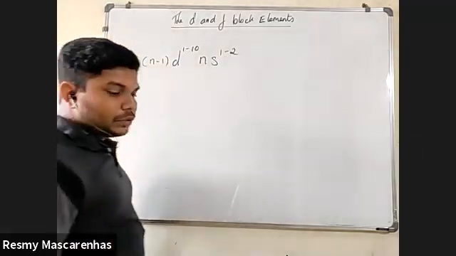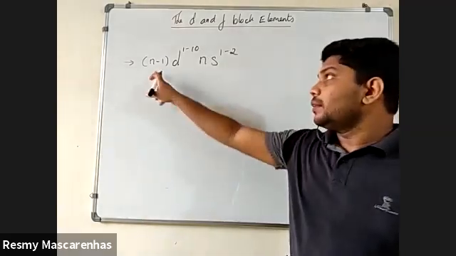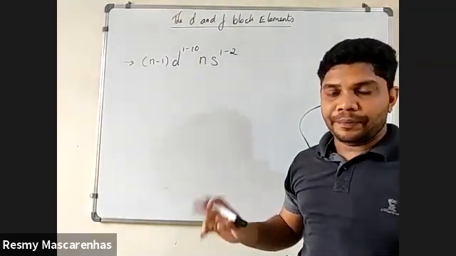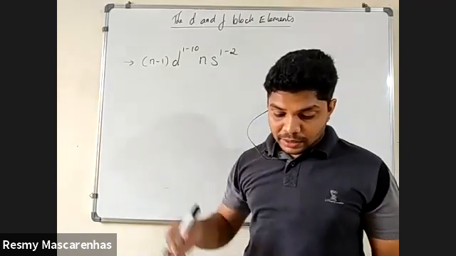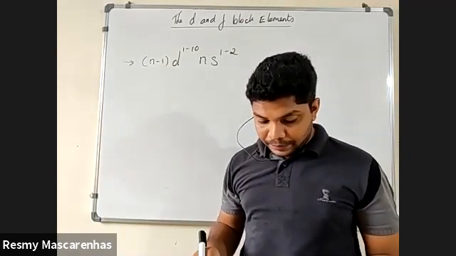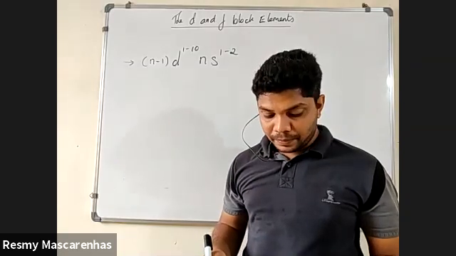If they are asking you to write the general electronic configuration, then this is your answer. This is even there in the 10th standard, this thing, 11th standard. You might have learned this. Finished? Yes, sir.